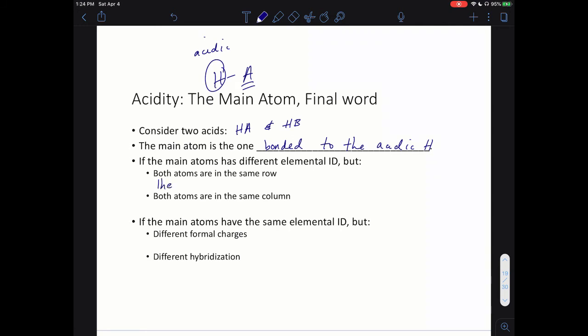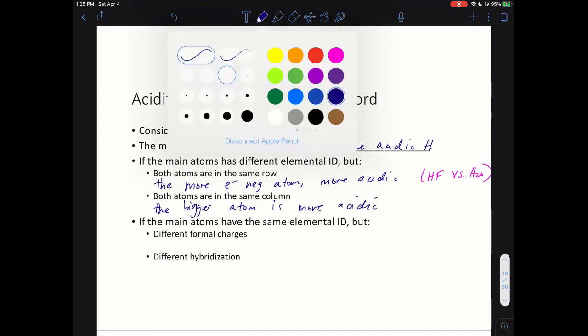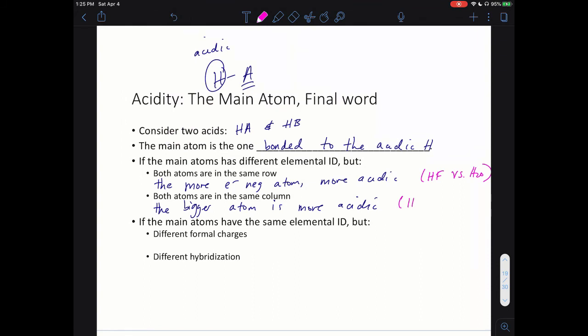Yes, electronegativity. So the more electronegative atom is more acidic. An example of this would be HF versus water. If the atoms are in the same column, the bigger atom is more acidic. What's an example of this? HCl versus HF.